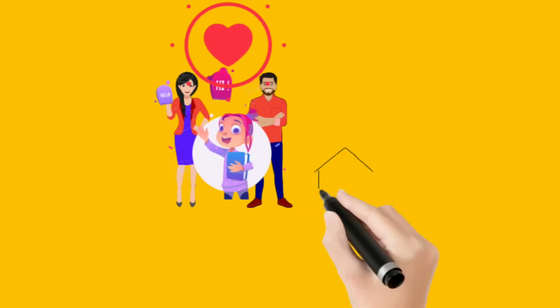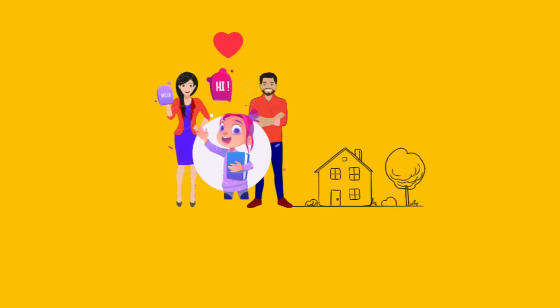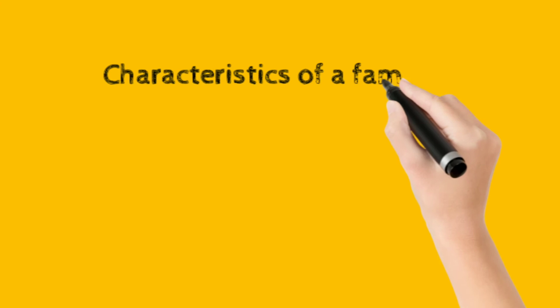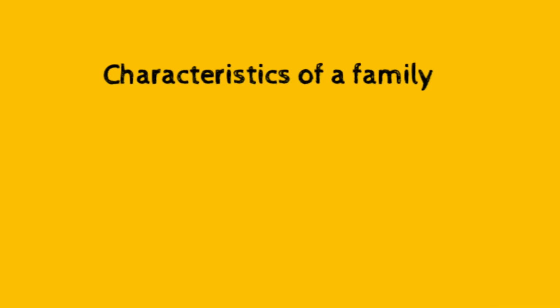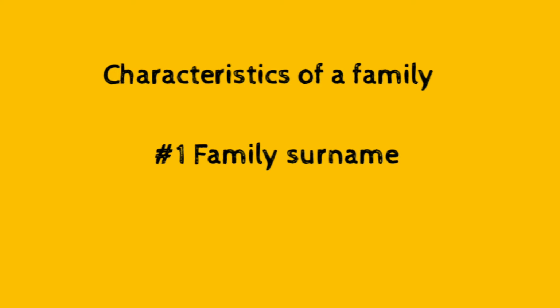Now, there are certain characteristics, of course, that you can use to help you to identify a family properly. For example, there's usually a family surname, right? So that is one of the characteristics of a family. What we mean by that, even though this is not always the case, is there's usually a common surname within a particular family unit, right?